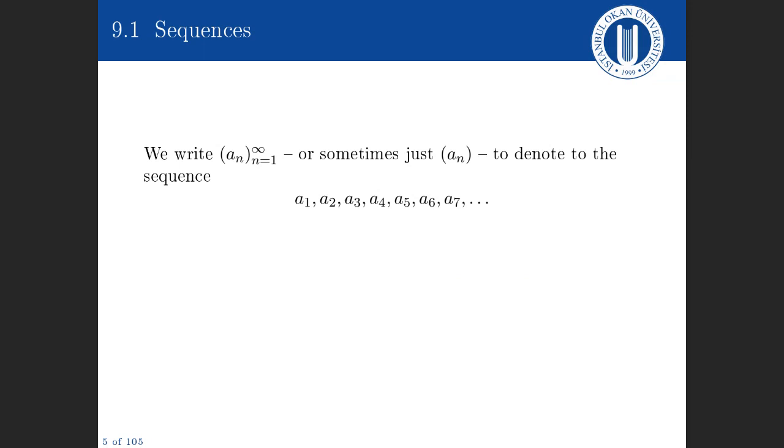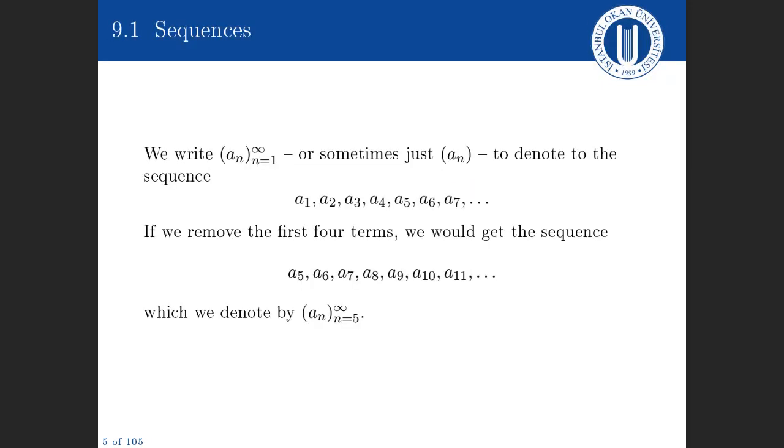If we want to write the whole sequence, we can write this as open bracket, an, close bracket, from n equal to 1 to infinity. Or if we're being lazy, we can just write open bracket, an, close bracket. That means the whole sequence A1, A2, A3, A4, A5, A6, A7, etc. We might not want to start at 1.